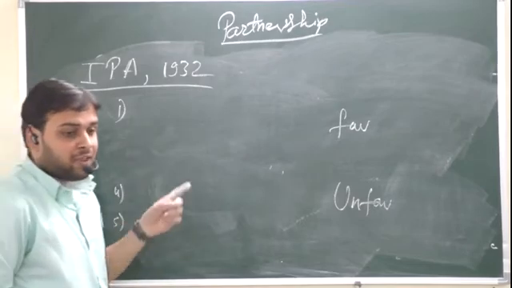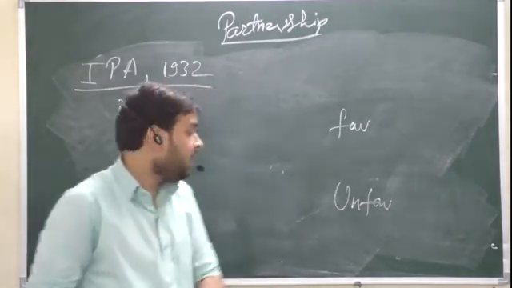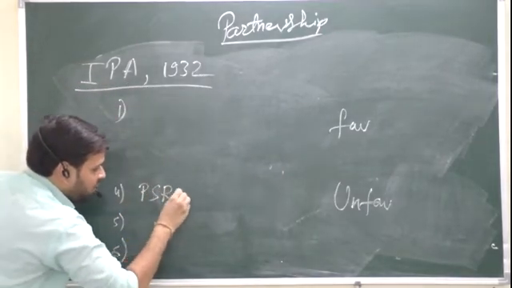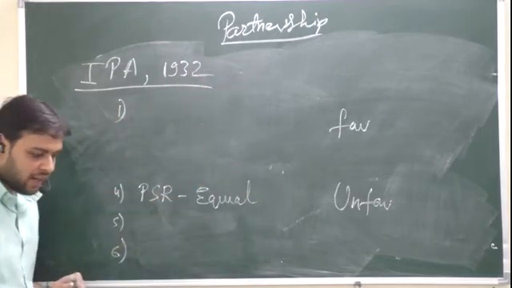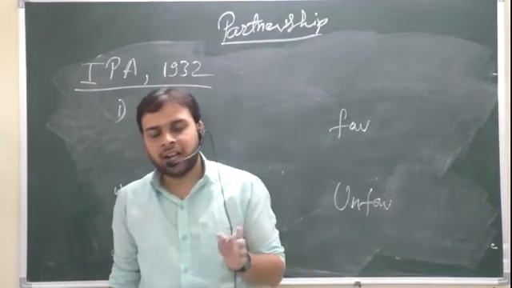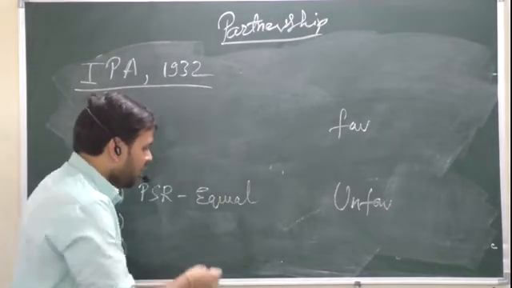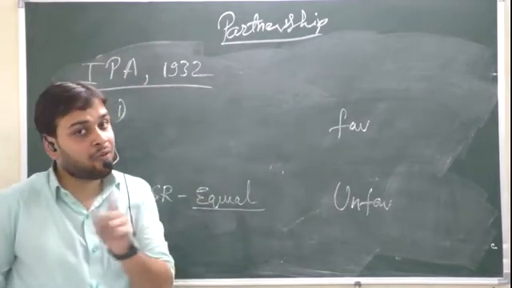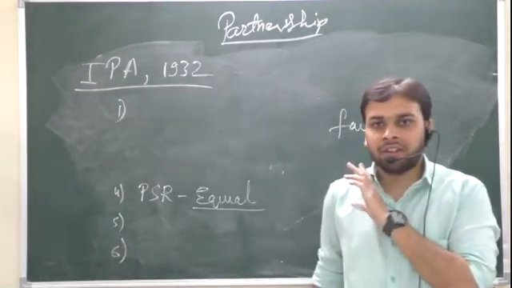If the partnership deed is absent or silent, the profit sharing ratio will be equal. It means no partner will get more profit, no partner will get less profit. Each and every partner will get an equal amount of profit of the firm. And profit also includes losses.